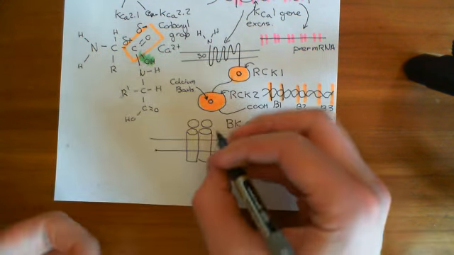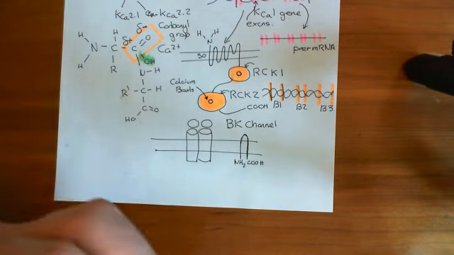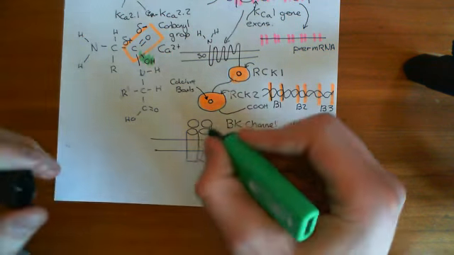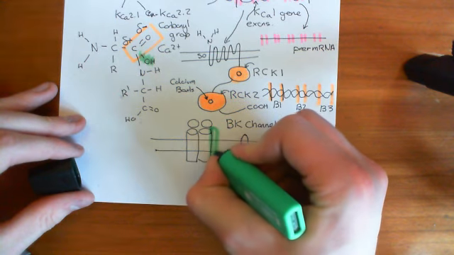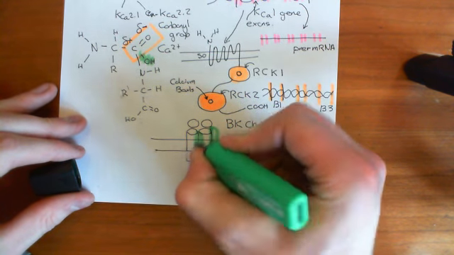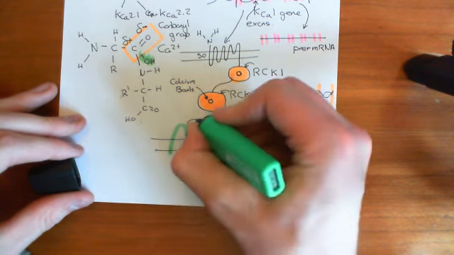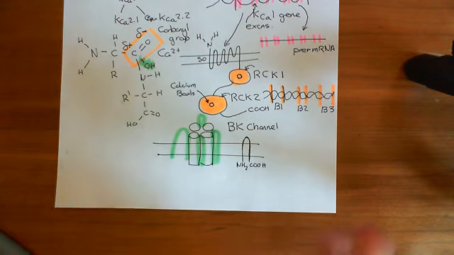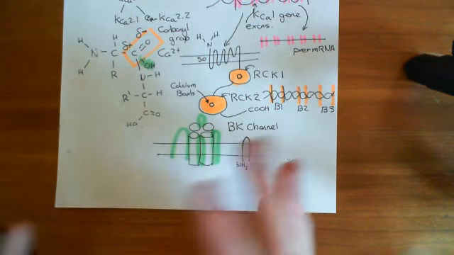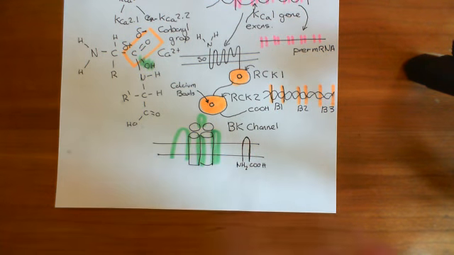One beta subunit sits in between each of the alpha subunits. So let's put a beta subunit there, here, here, and there. That overall is the large conductance voltage and calcium gated potassium channel, or the BK channel, finished.